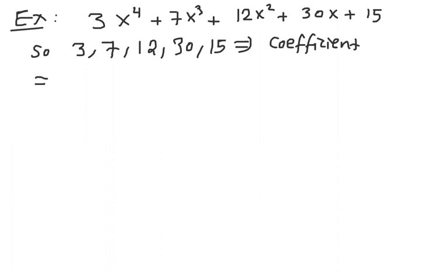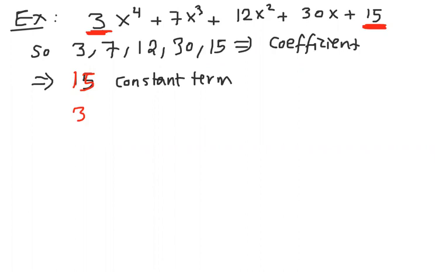Now, this 15 here is called the constant term. And the 3 here is called the leading coefficient, and 3x to the 4 is called the leading term.